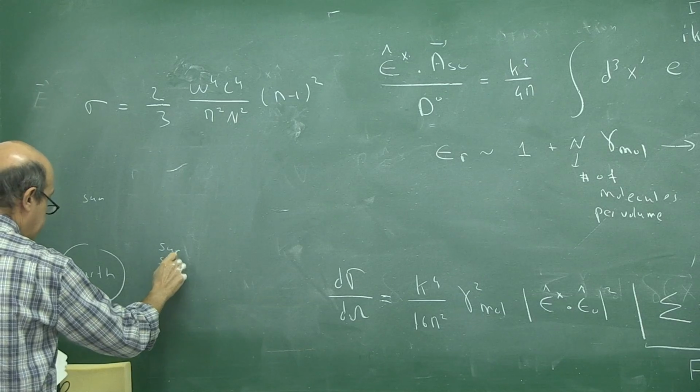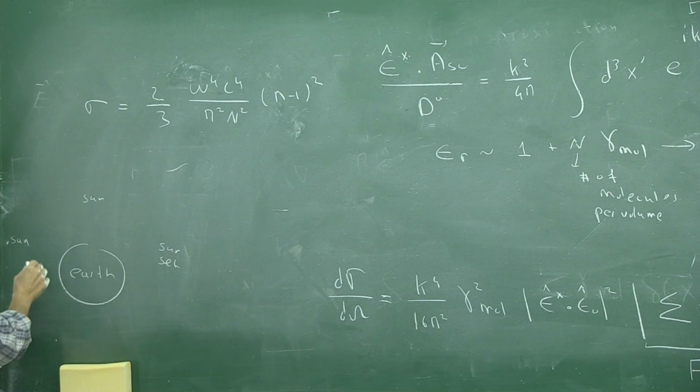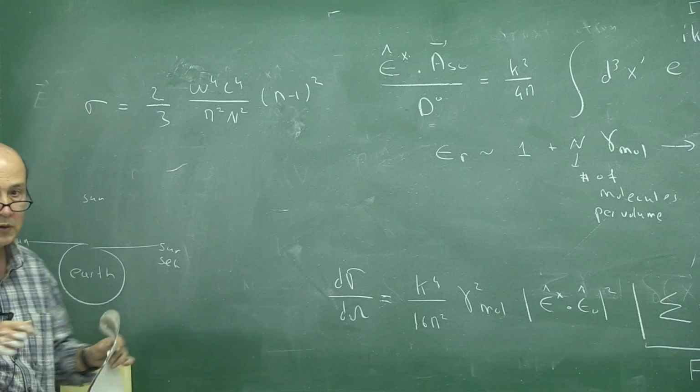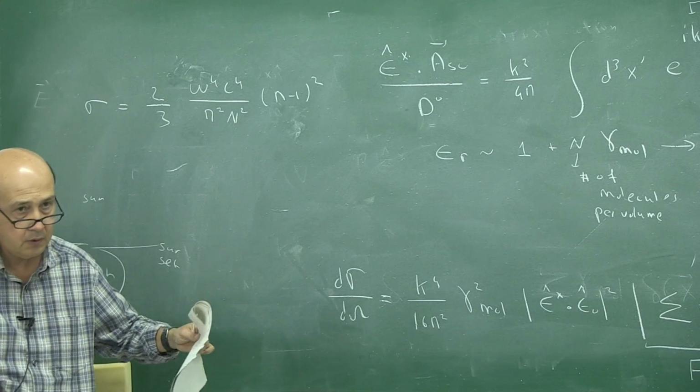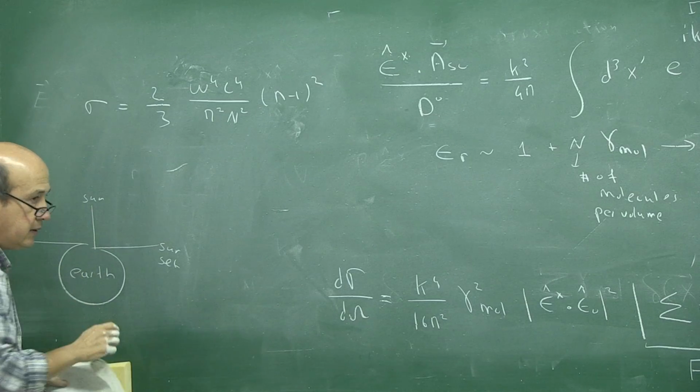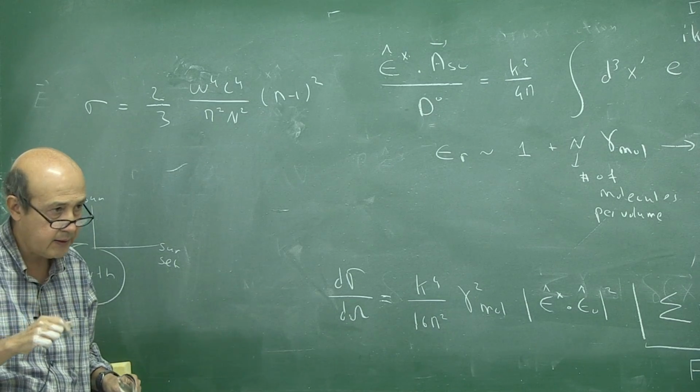So that should be sunset or rise. During the sunrise and sunset, the atmosphere is more thick. There is more scattering. When the sun is at the zenith, the atmosphere is thin, with less scattering.